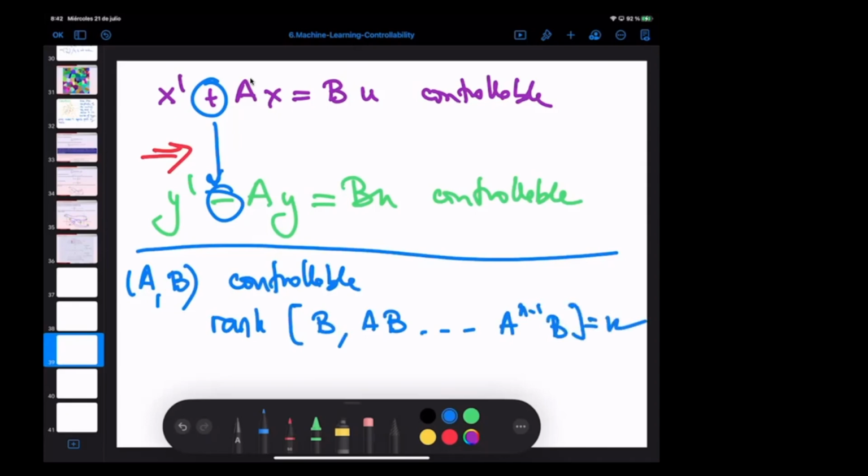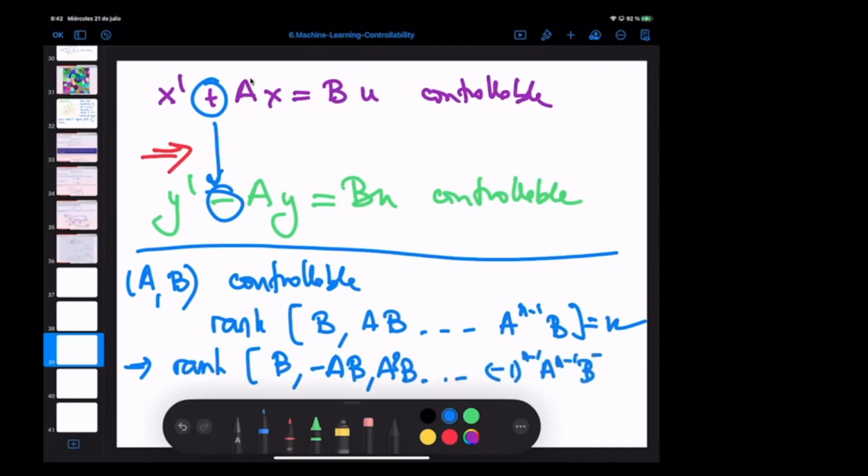But this also implies that the rank of [B, -AB, A squared B, up to (-1)^(n-1) A^(n-1)B] is equal to n. And this is equivalent to (-A, B) being controllable.